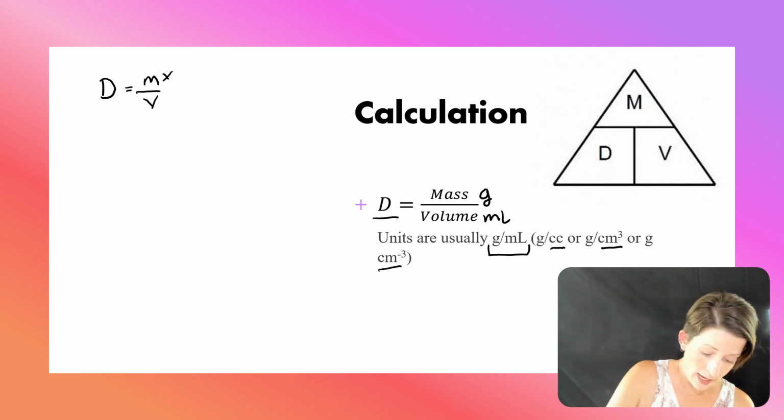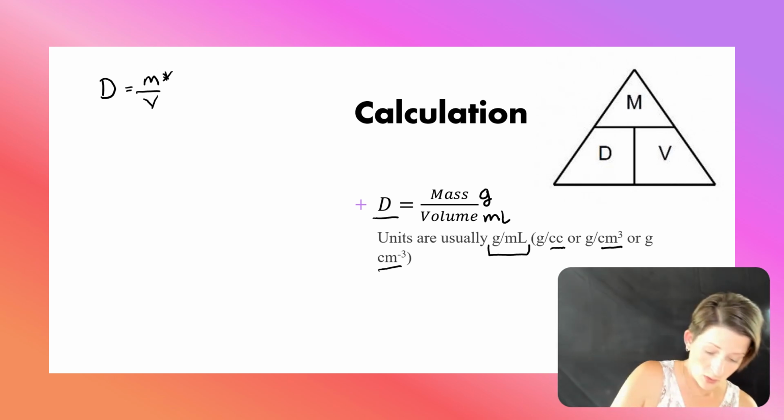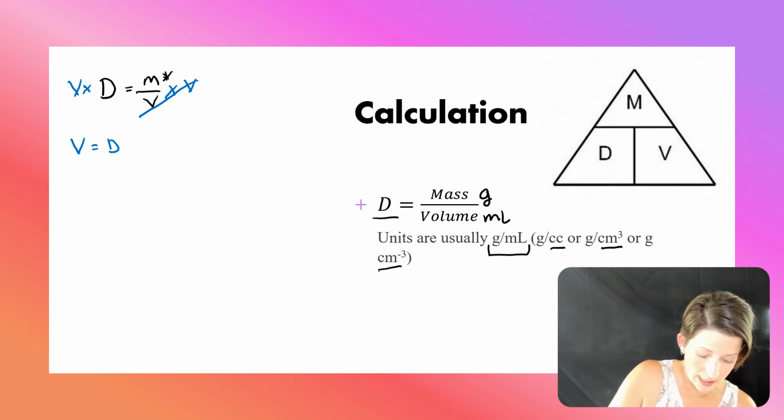So to do this, we need to follow the mathematical principles of rearrangement. We're going to get rid of the denominator by multiplying by volume. So therefore, volume times density equals mass.